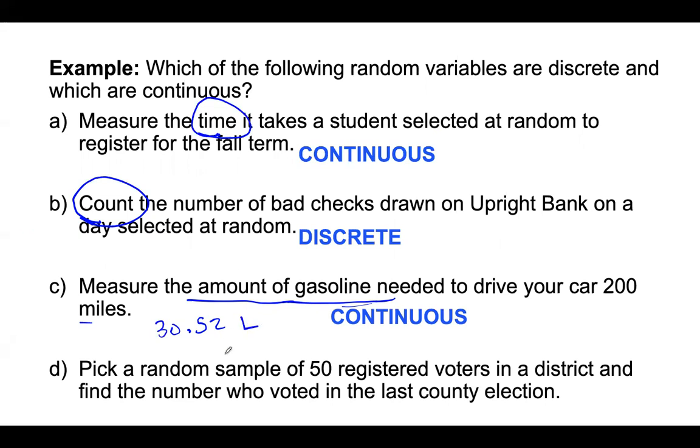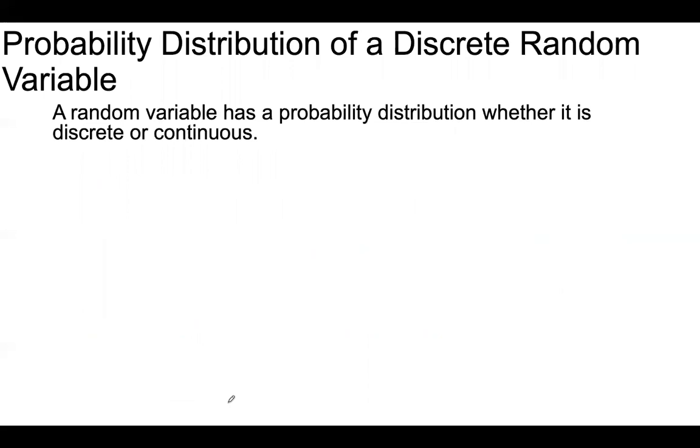Pick a random sample of 50 registered voters in a district and find the number who voted in the last election. That would be discrete. So look for keywords when you're trying to analyze if it's continuous or discrete. The probability distribution of a random variable.